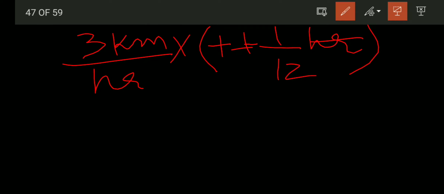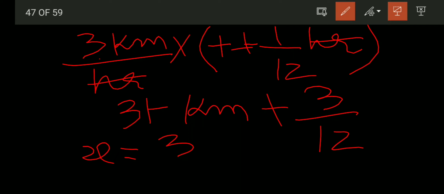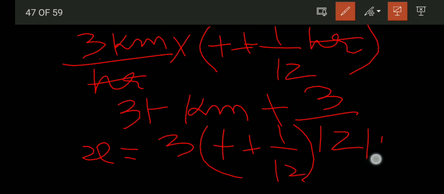So this hours get cancelled. 3 into t is 3t kilometers. Then plus 3 ones are 3 by 12. So this is what we get after calculation, means x is equal to 3t plus 3 by 12 kilometer.